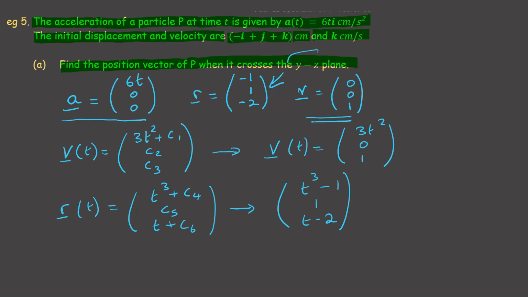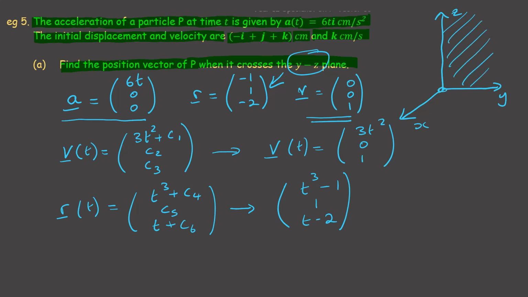Now we're interested in the yz plane. If we think about some axes here, let's just say this is x, y, and z. The yz plane is this plane here where x is equal to 0.